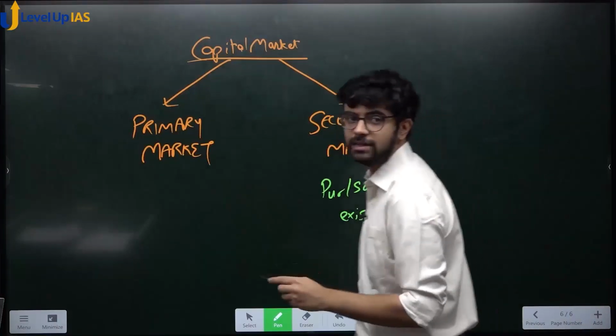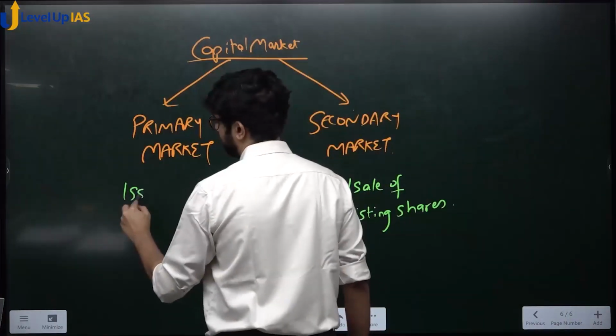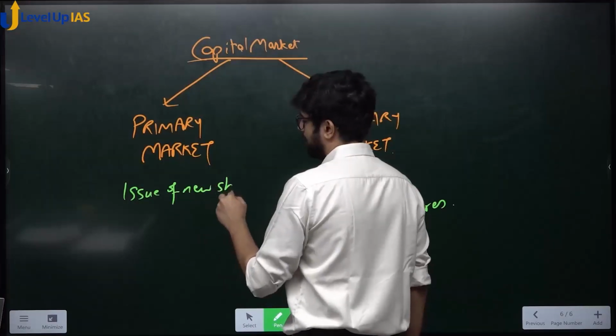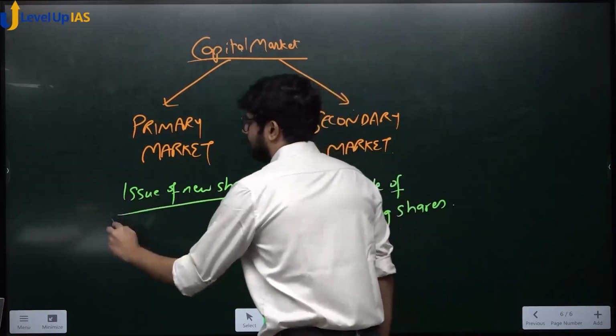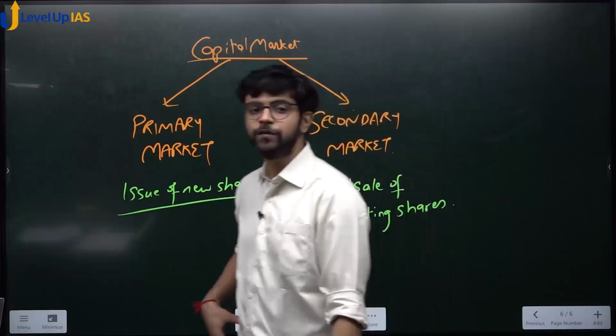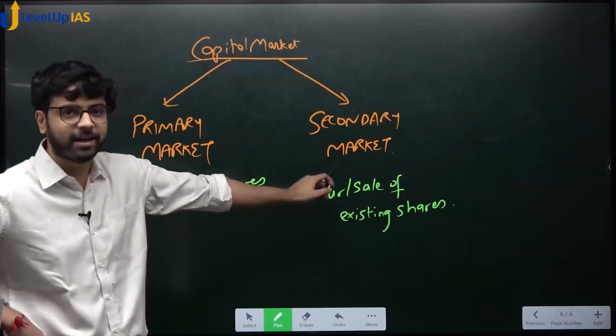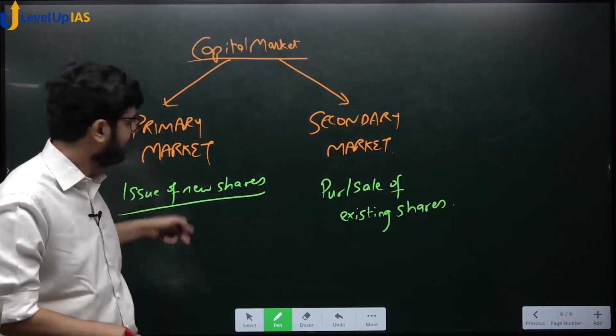What is happening here? Do you agree with this? Issue of new shares here. So this is resale. This is OLX. Yes or no? This is a secondary market. It's the second-hand market; the first-hand one is new.